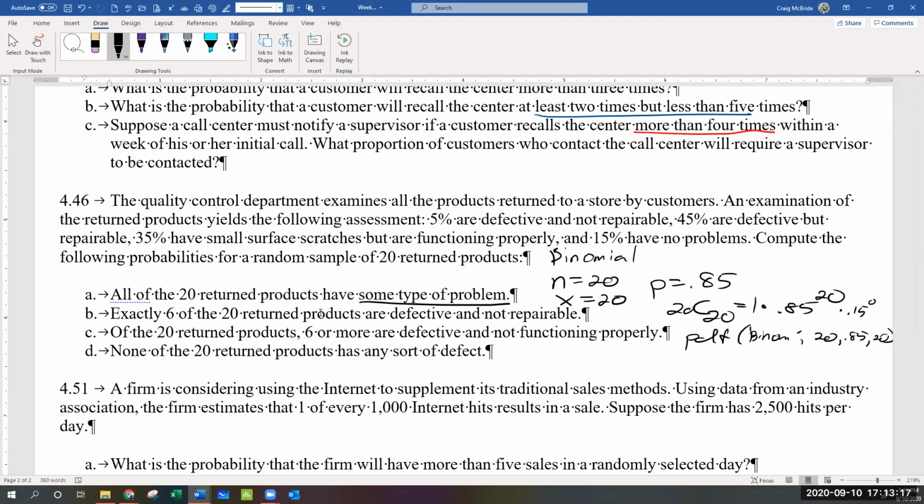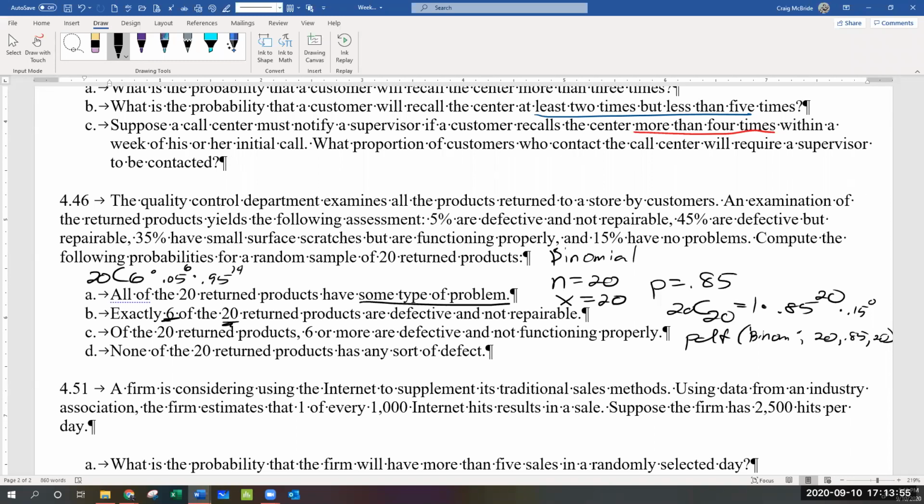Because to do part B, you have to do 20 choose 6, because we have 6 successes out of 20, times, okay, probably exactly 6 of our products are defective and not repairable. Well, defective and not repairable is 5%. So that's 0.05, because that's our p-value, right? Raised to the 6th times 0.95, the complement, raised to the rest of them, which is 14.